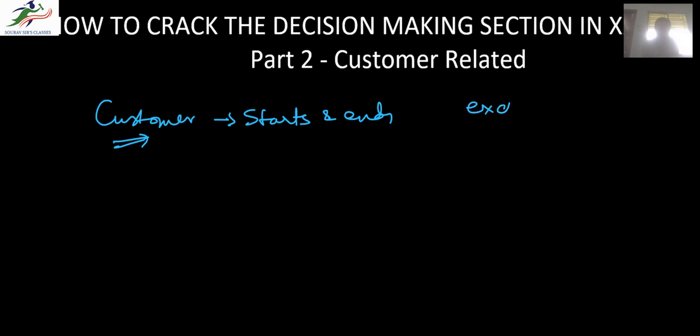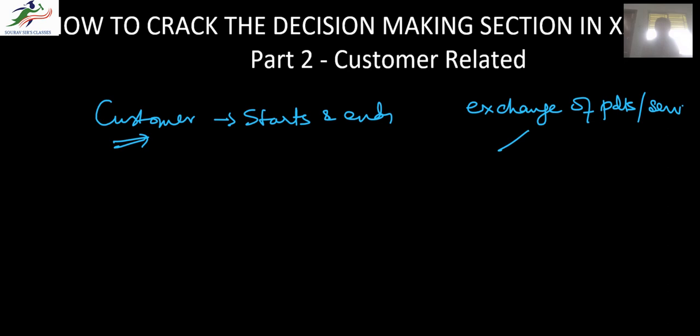As you know, any business model or any business starts with the customer and ends with him. Starts and ends with the customer. Now, why is it so? Because any business means an exchange of products or services.